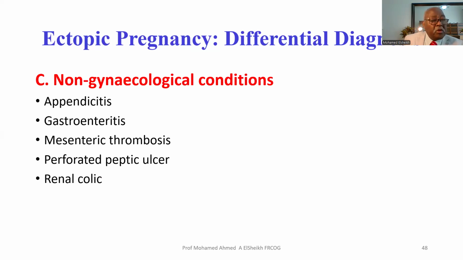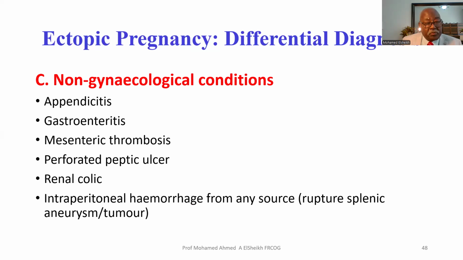We have mentioned gynecological problems, and these are the non-gynecological conditions which could simulate the presentation of an ectopic pregnancy and need a proper differential diagnosis. Intraperitoneal hemorrhage from any source, rupture of the spleen and splenic aneurysm or tumor.